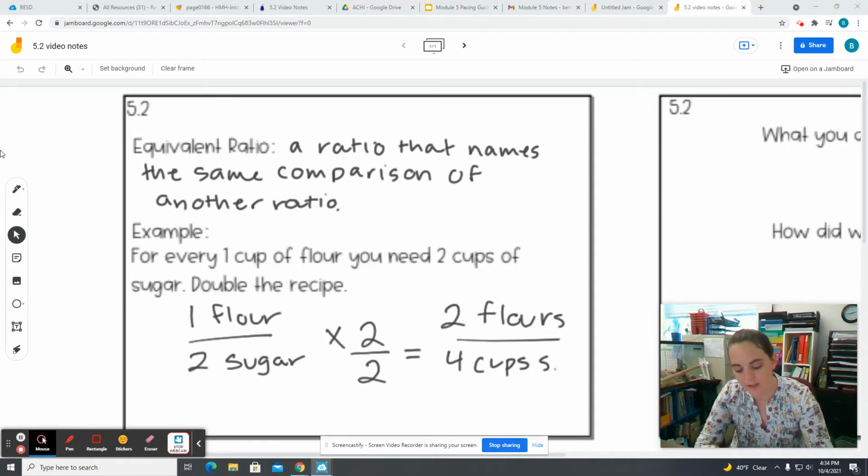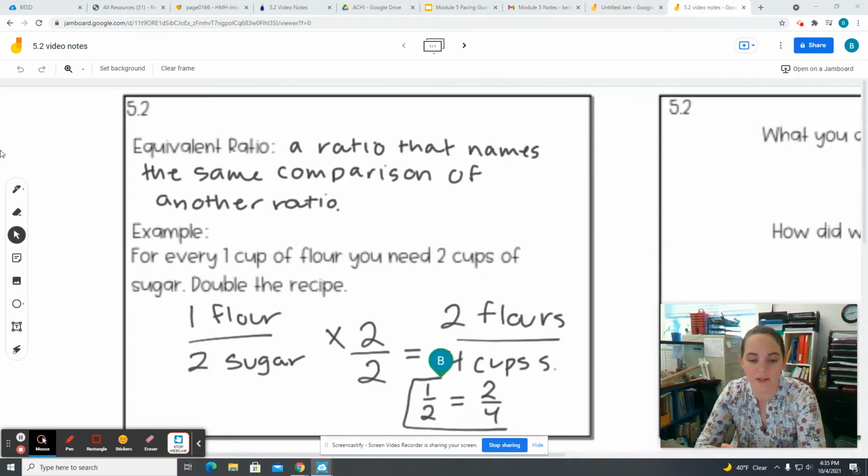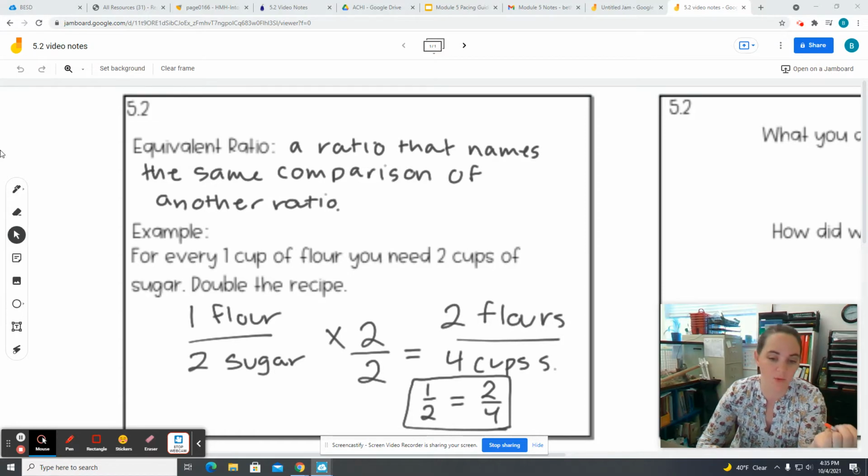So now what we have here is an equivalent ratio of 1/2 equals 2/4. That is an example of equivalent ratios. They are naming the same comparison, even though the ratios are different, they're equivalent to each other because they have the same comparison.